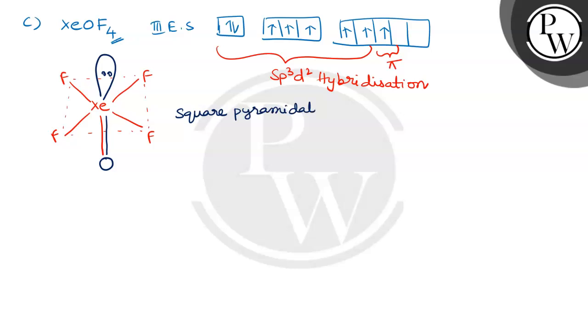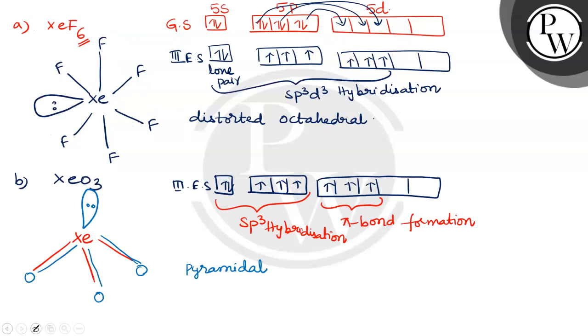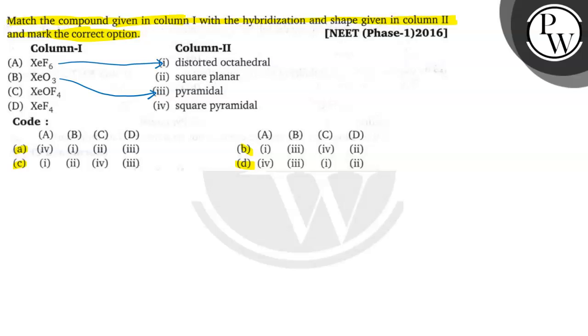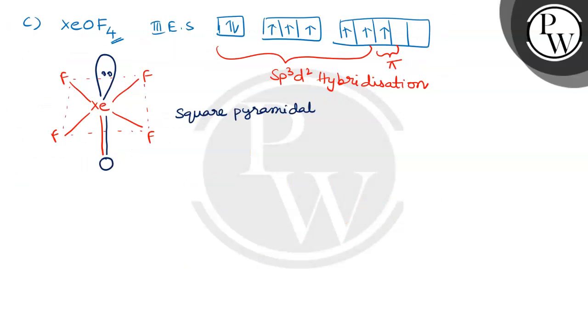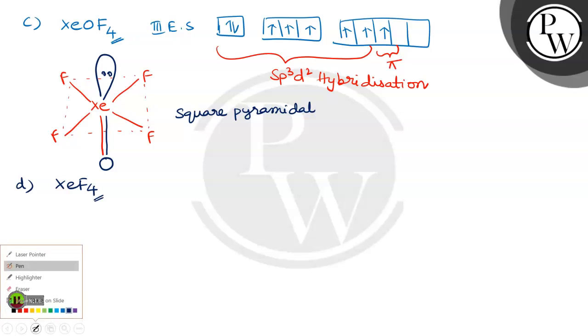Okay, let us match this. ये match करेंगे XeOF4 स्क्वायर पिरामिडल, इससे मैच हो गया है. लास्ट का देखेंगे XeF4. So the last one is XeF4. Here also xenon. But 4 electrons are required, not 6 electrons. So it undergoes the second excited state.